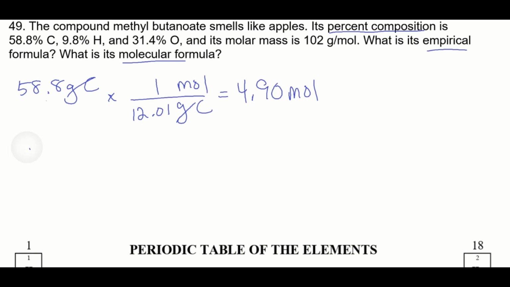Now let's do the same thing for the hydrogen component. If we have 100 grams of it, 9.8 grams would be hydrogen. And so let's convert that to moles.